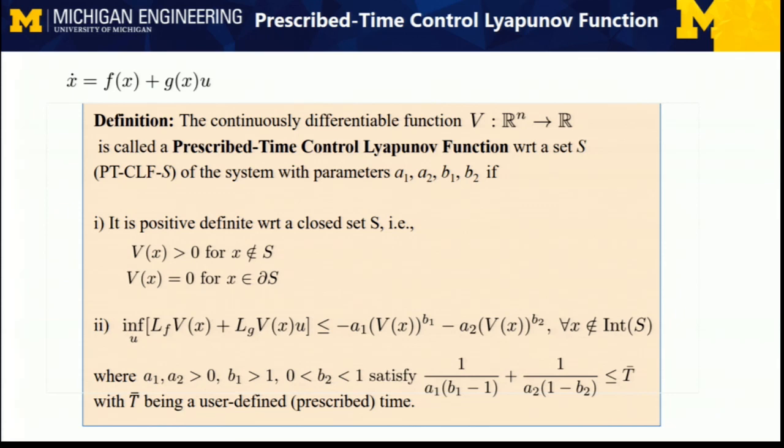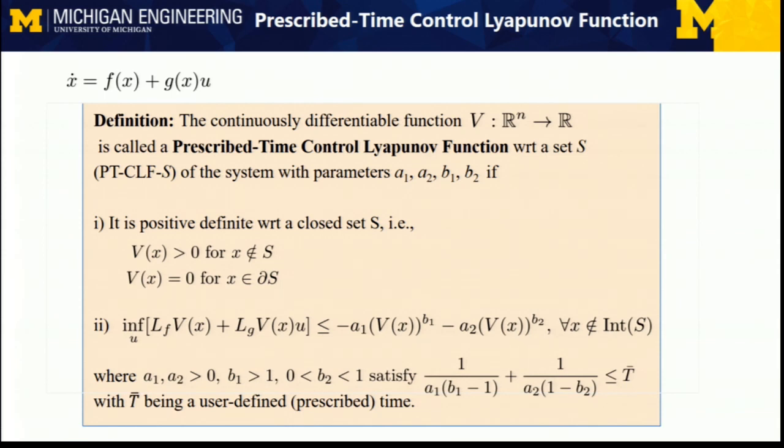What does that mean? That means that this tau bar is lower bounded by the uniform bound of fixed time stability, okay? So what we say here is that if you can choose, and again, you do not choose it arbitrarily, so prescribed time is probably not the very best term to use.